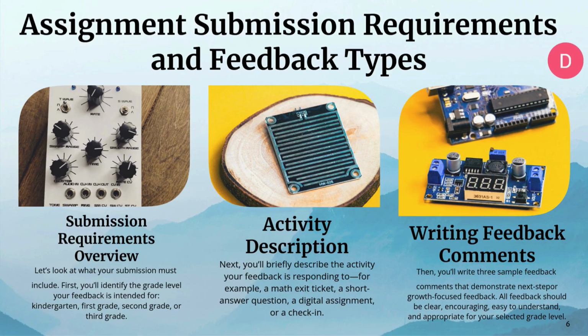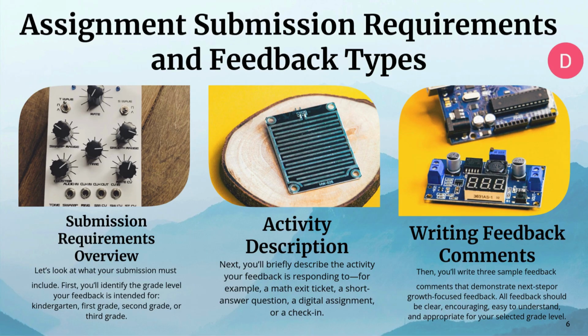For this assignment, your submission must include several components. First, identify the grade level your feedback is intended for, such as kindergarten through 3rd grade. Next, briefly describe the activity your feedback is responding to.